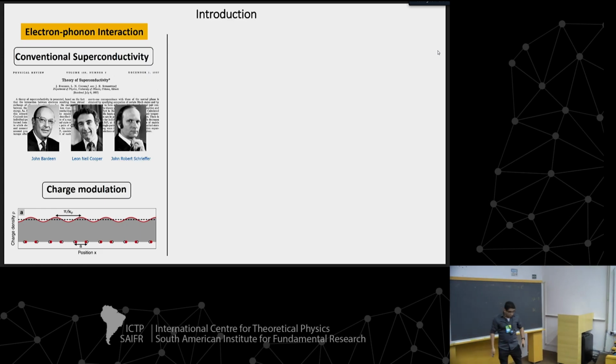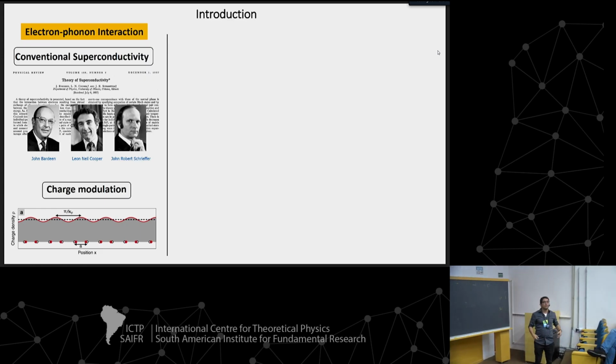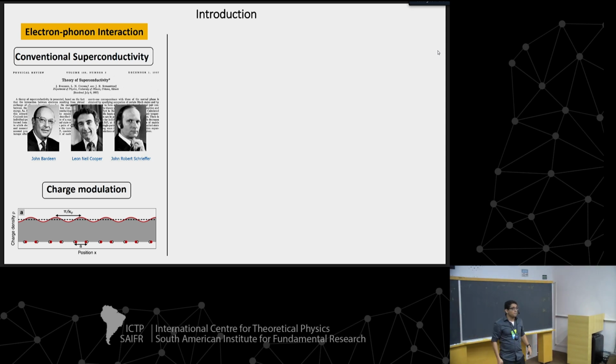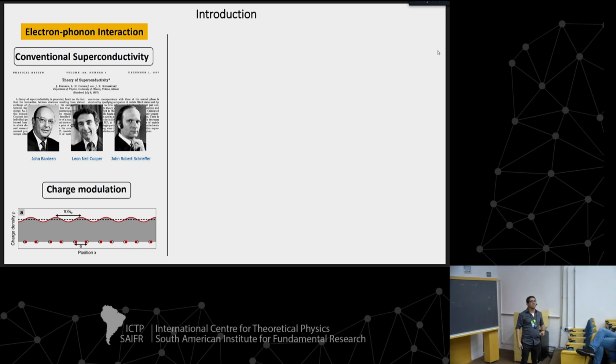So when we talk about the electron-phonon interactions, actually this is one coupling that leads to two different phenomena. It leads to superconductivity, which we know from Bardeen, Cooper, and Schrieffer, and it also leads to charge modulation. The second was a phenomenon explained by Peierls a long time ago.